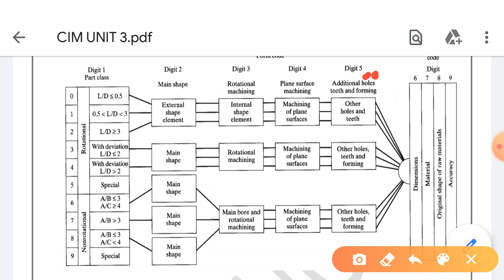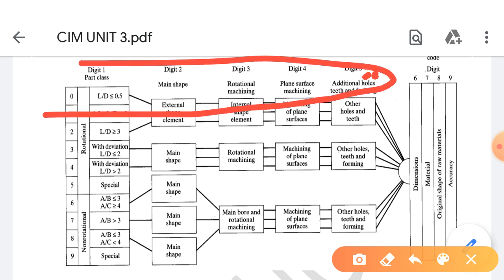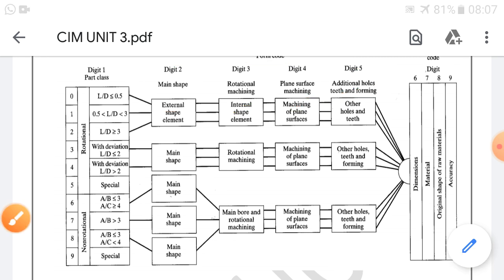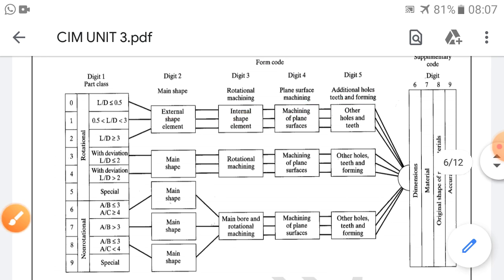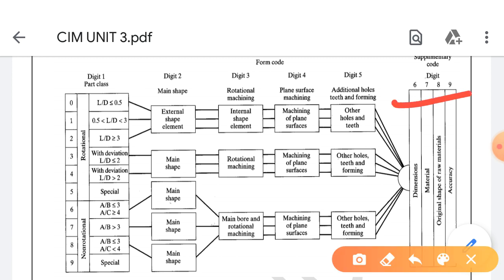So these first five digits depend purely on the design. And the next codes, which we are calling the supplementary codes, that is 6 7 8 9: the sixth digit represents dimensions. The seventh digit represents material, which type of material.